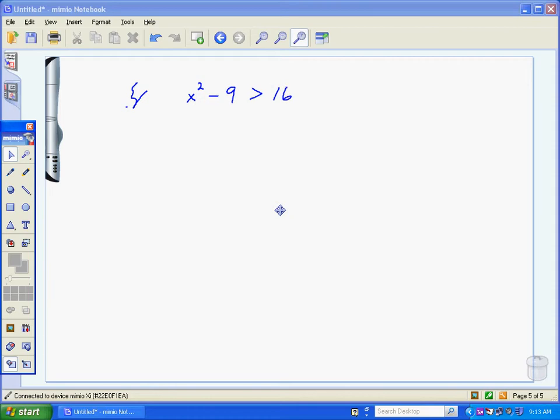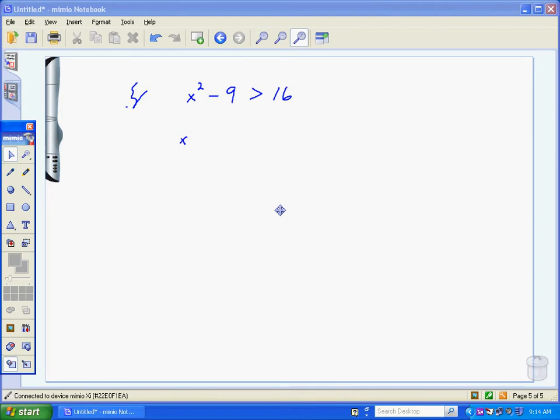Let's do that one. It's not really a difference of squares the way it is because I've got it greater than 16. But I can factor it the same way if I bring that 16 over. Or when we've only got the x squared value, I can isolate it and square root it.